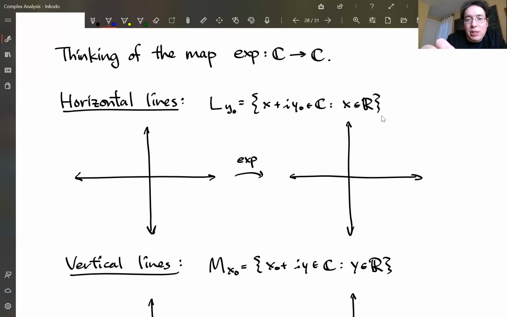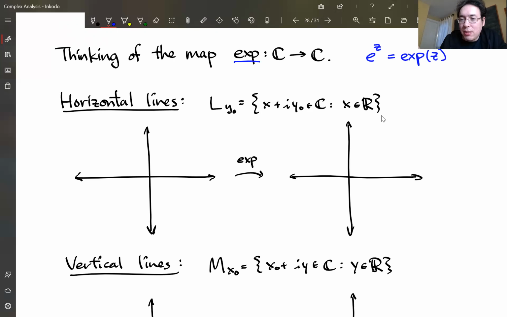So the exponential function. Sometimes, because when we write exponents in the superscript, things get very tiny and hard to read, people write exp of z to mean exactly the same thing, except now that z is not in the superscript.